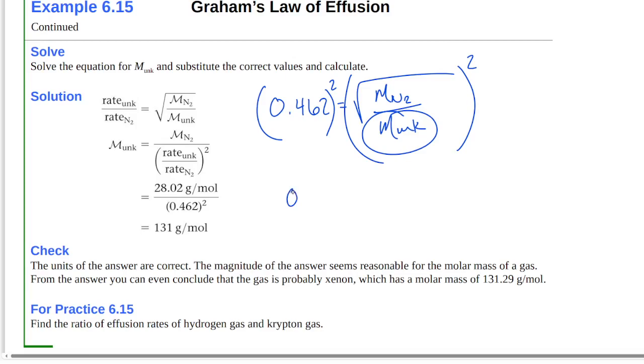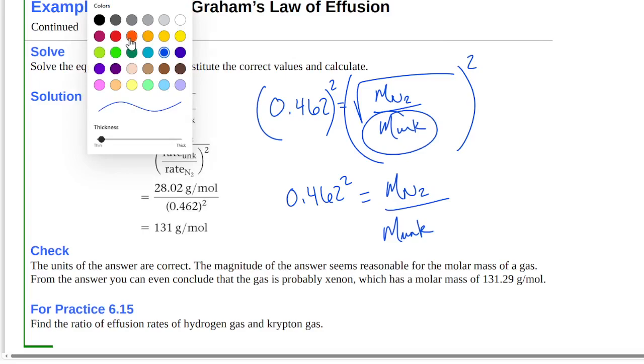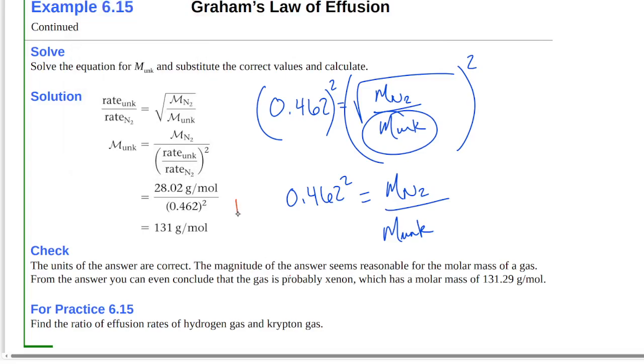So we have 0.462 squared, okay, is equal to the molar mass of N2 divided by the molar mass of the unknown. Okay, so now we can multiply both sides times the molar mass of the unknown.